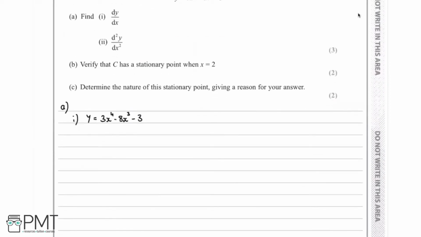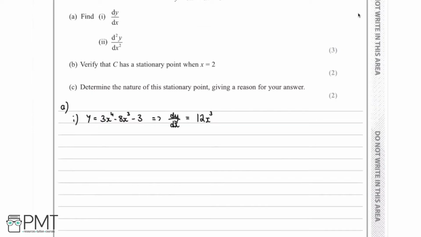So we can see here that when y is equal to 3x to the power of 4 minus 8x cubed minus 3, we can then find the derivative of this, dy by dx, by multiplying 4 by 3 and then taking 1 away from the power. So that gives us 12x to the power of 3.